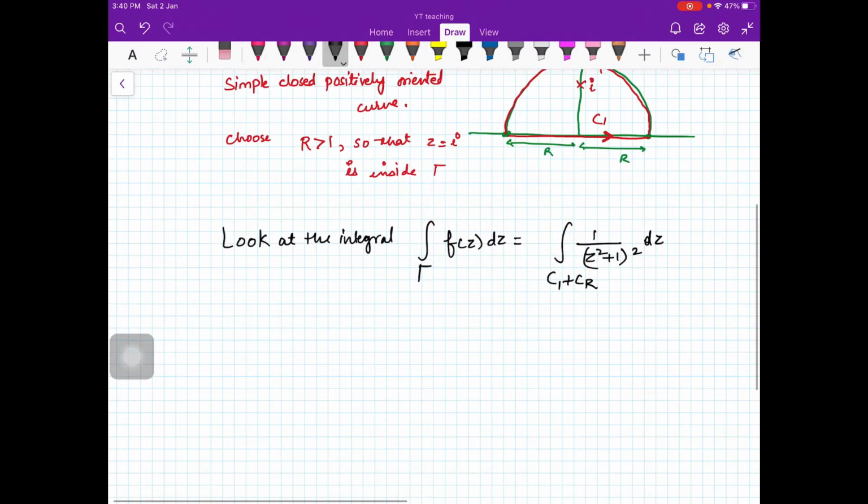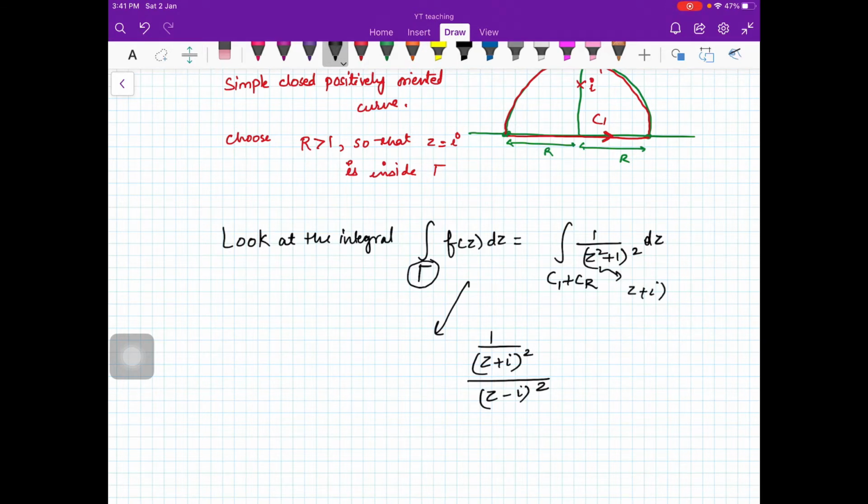This contour is closed, and I can write this function as 1 upon (z plus iota) square times (z minus iota) square. There is no problem, I can just factorize it, and dz along tau, and this first factor I call g(z).